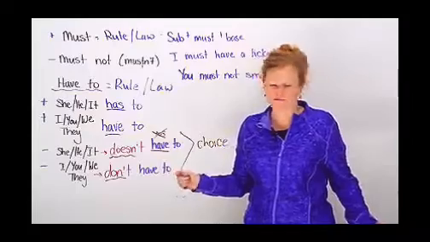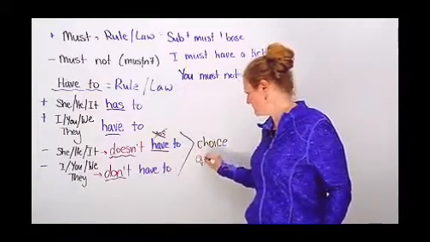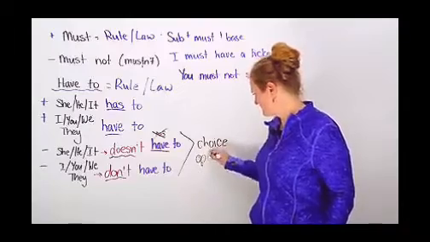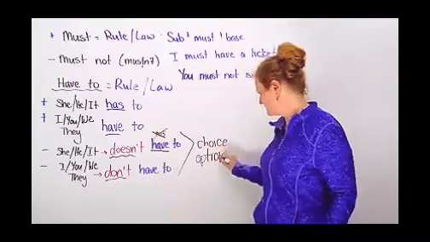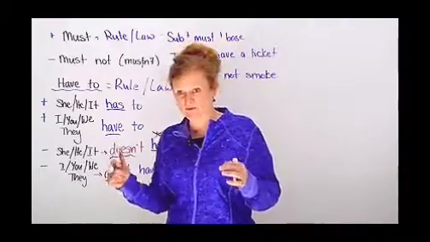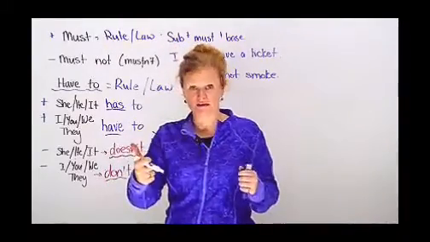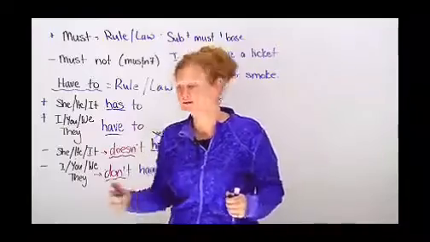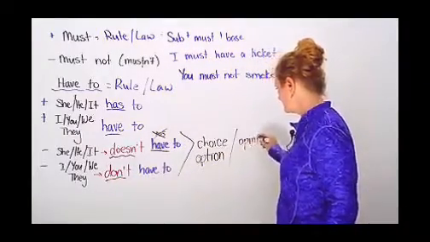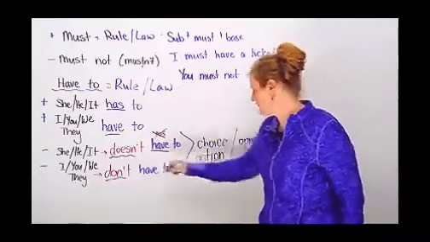But you don't have to. So you have the option to do something. Another thing that you will understand from this is that people will give you their opinion or their advice. And when we give someone's opinion or advice, they're also going to use this structure.